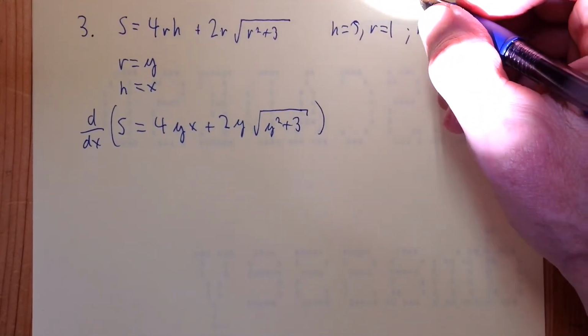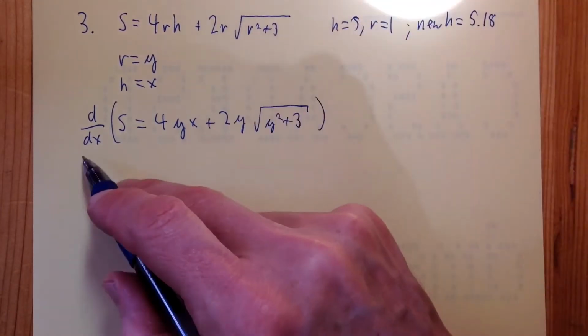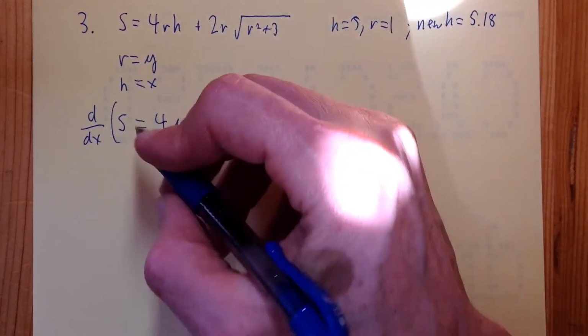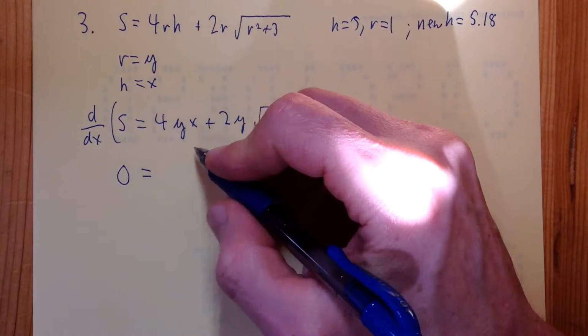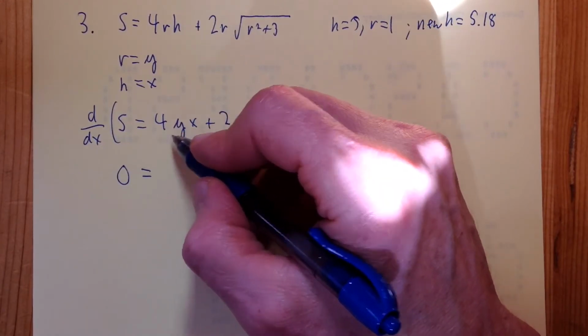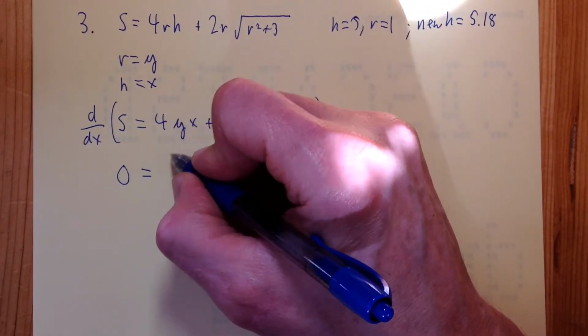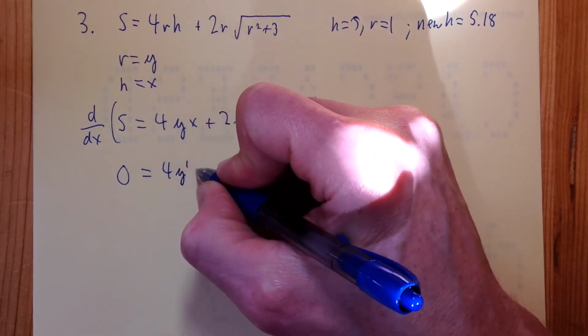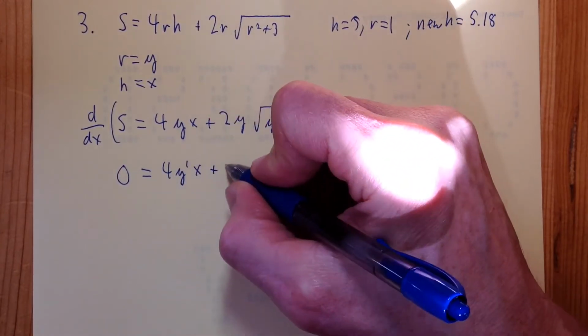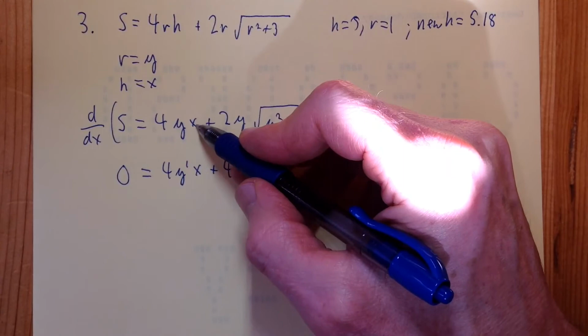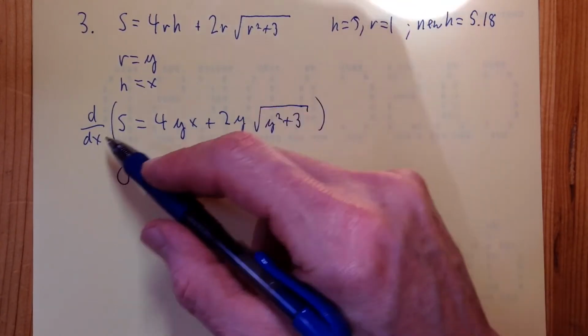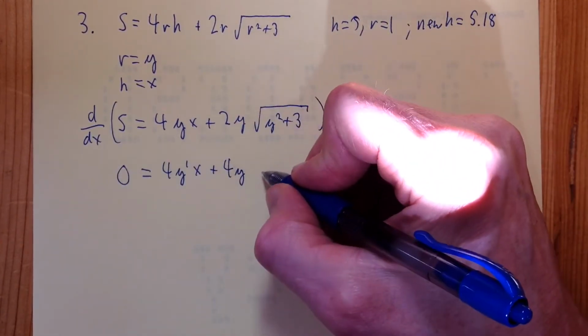Okay, so like I said, this is the implicit differentiation problem. This is a constant, that's 0. So we have 0 is equal to, we have the product rule here, derivative of the first, so derivative of 4y is 4y prime, times the second, x, plus the first, 4y, times the derivative of x, which is 1, because remember we're taking the derivative with respect to x, so we don't have to write that.